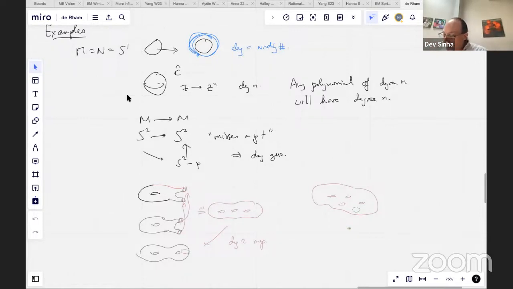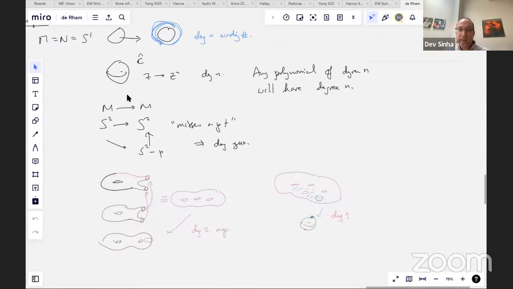Because this is a disk, the interior of that disk would map diffeomorphically onto the rest of a 2 sphere, and everything else out here, all the rest of this surface, is also going to go to this single point at infinity. And if you think about it, then the south pole of this sphere has just one preimage, the center of the disk. So this is a degree 1 map.